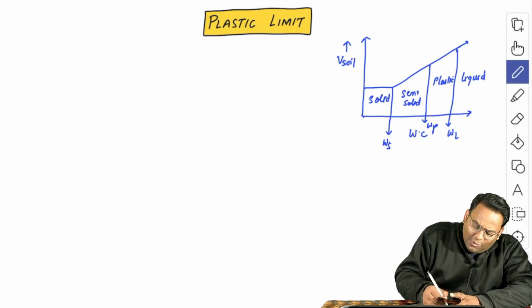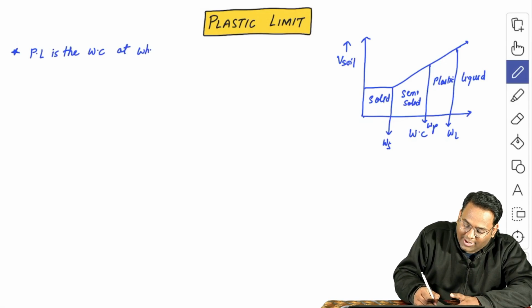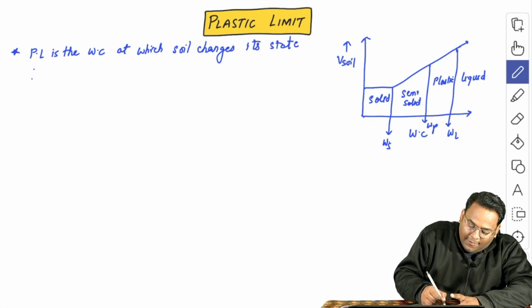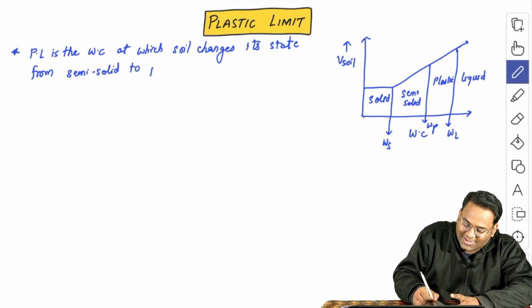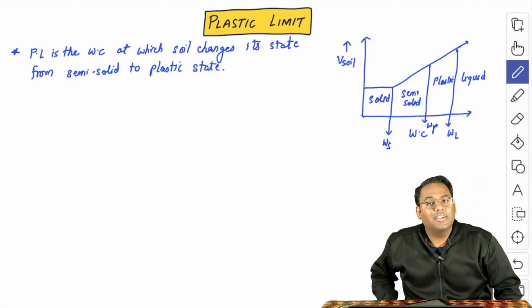So let me give you the first definition here: plastic limit is the water content at which soil changes its state from semi-solid to plastic state. Or we can also say that the soil becomes plastic at this water content.